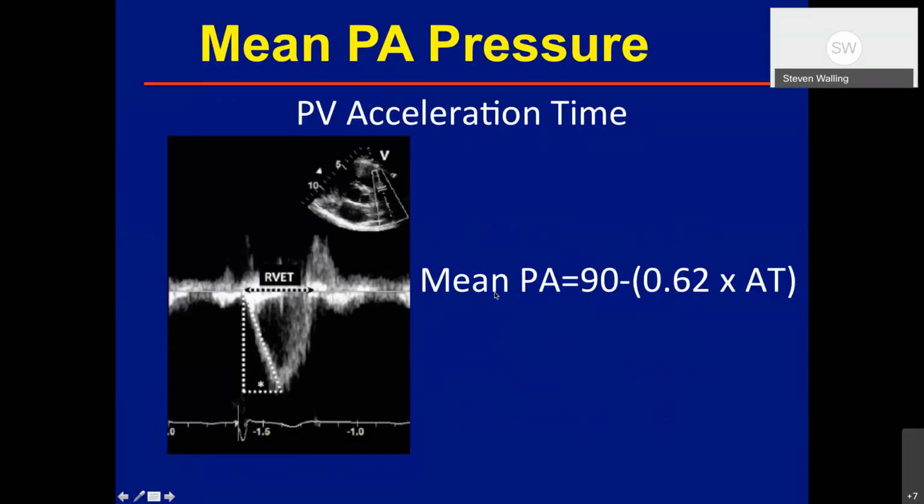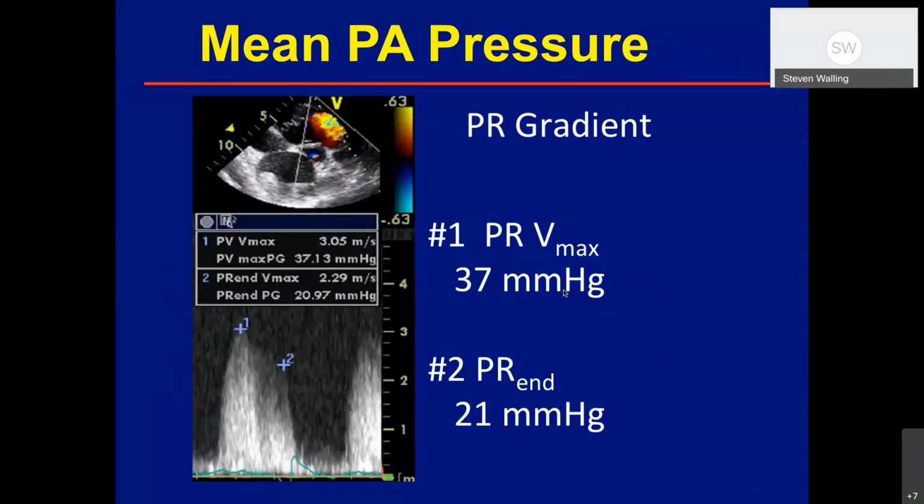So that will give you the mean PA pressure. And you know the normal should be 25 or below. That is the criteria we use for diagnosis of pulmonary hypertension. So this is how we get the mean PA pressure here.